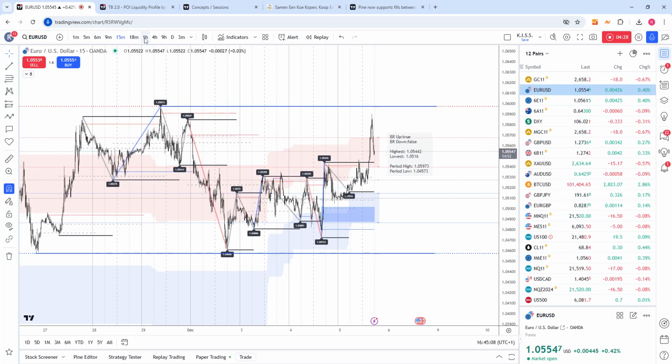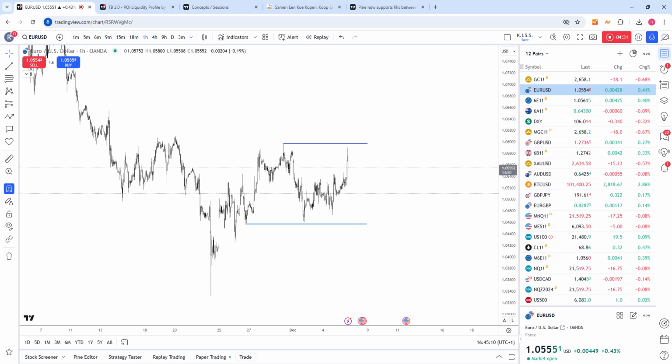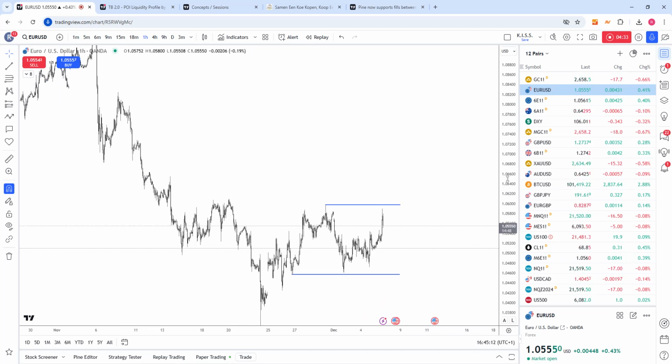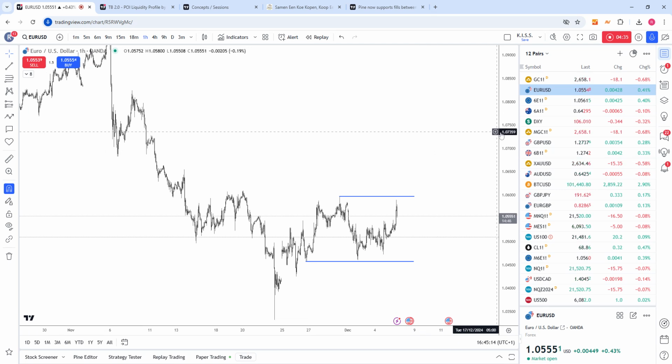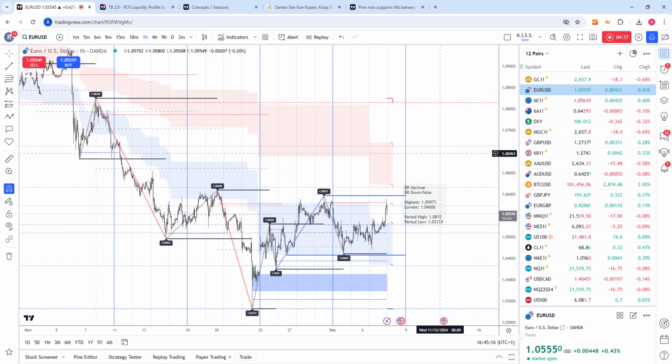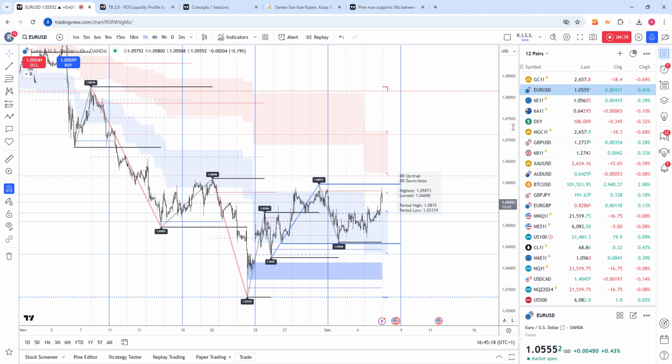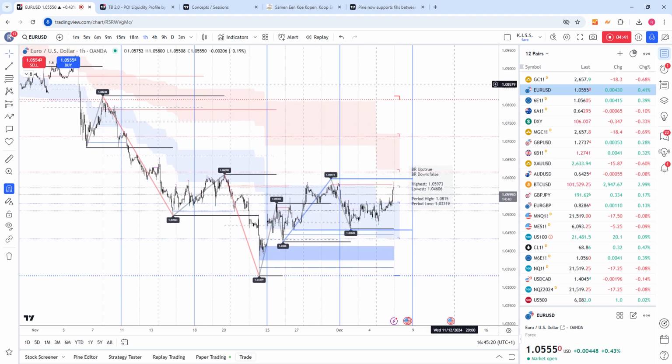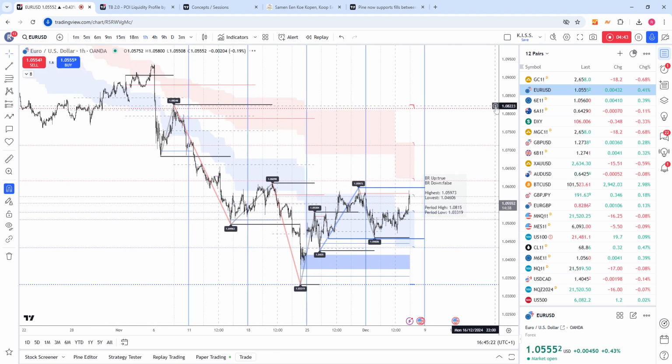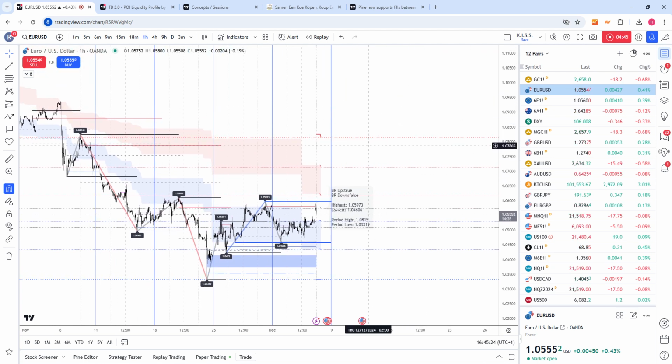But if we go to the 1 hour, we get a whole different new structure, and that should not be very surprising to you if you work with this structure. Now we have a different period high and low, because this was our period high and period low for the M15, and for the H1 this is our period high and this is our period low.